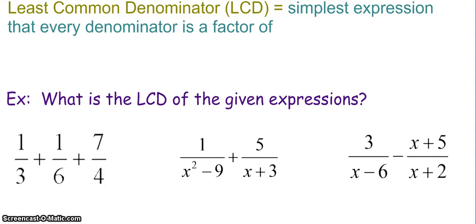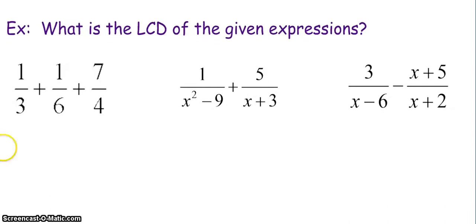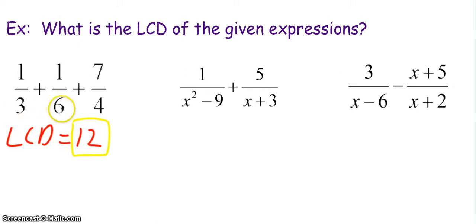So what is the smallest number that 3, 6, and 4 are all factors of? That's going to be 12. 6 is a factor of 12, 3 is a factor of 12, and 4 is a factor of 12. Now notice that had it just been 1/3 and 1/6, the least common denominator would be 6.